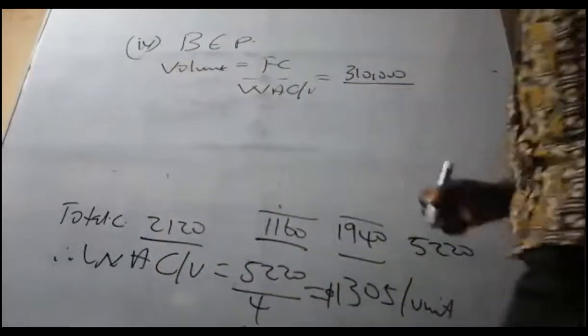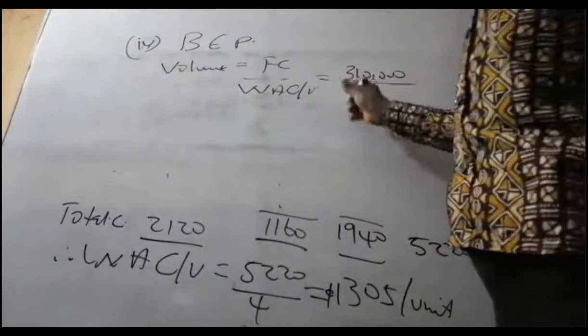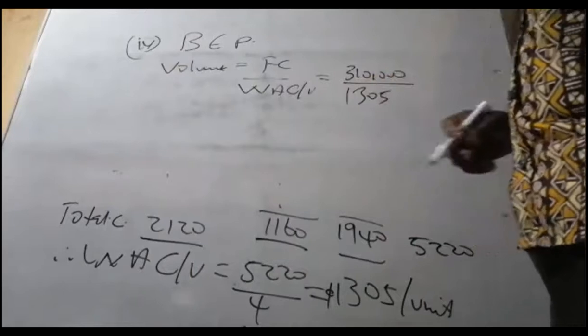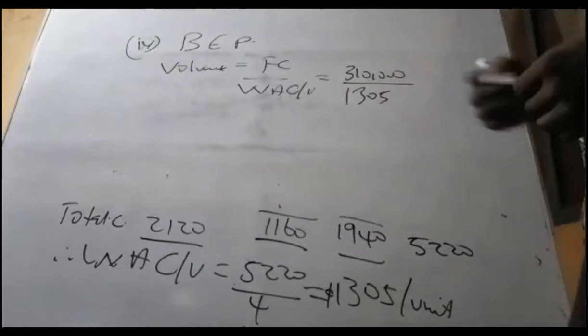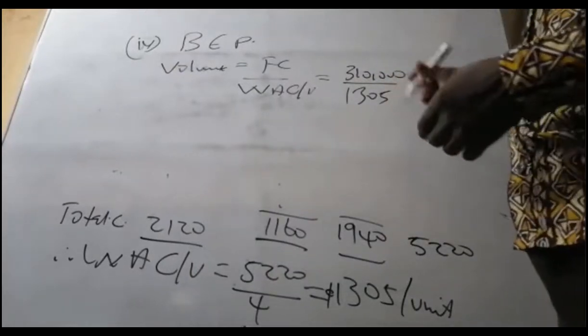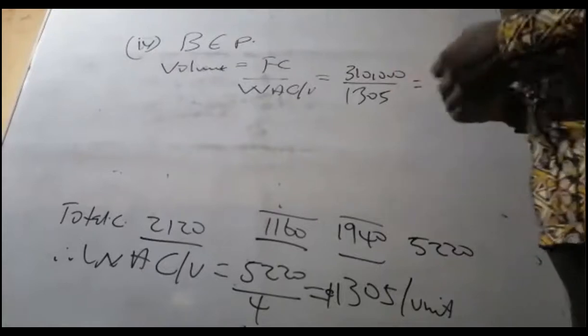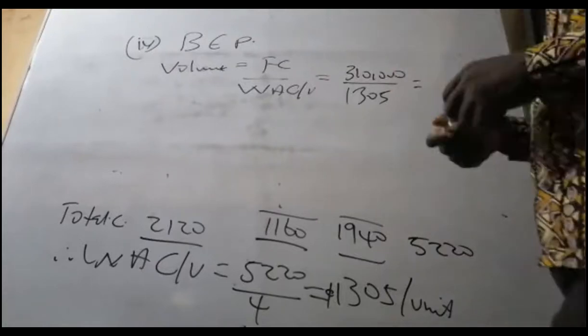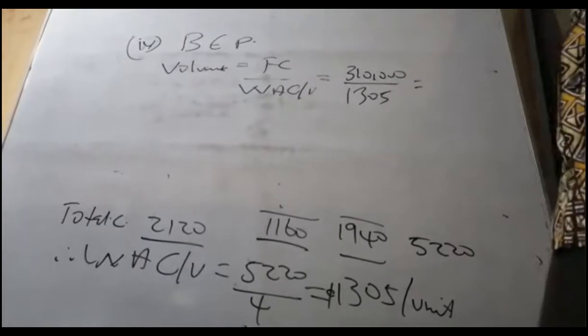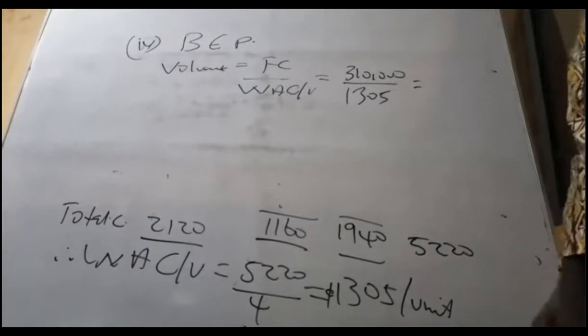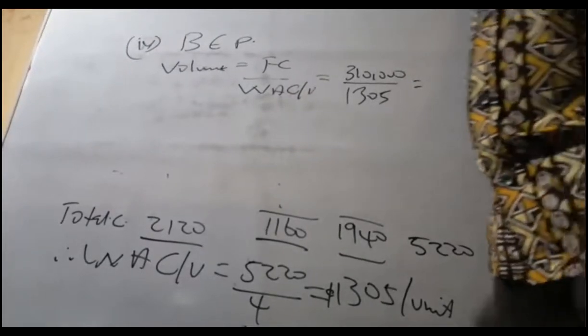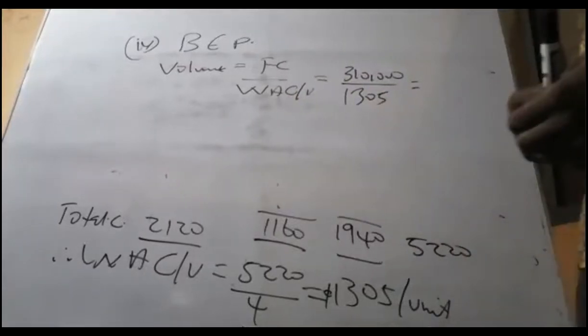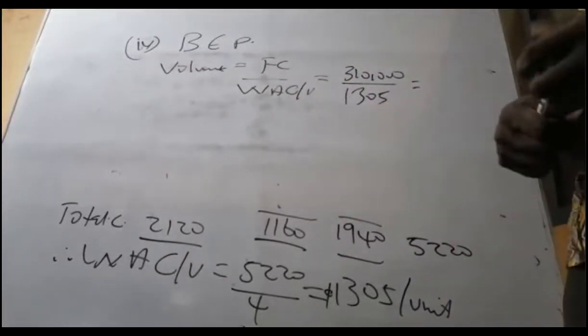So 310,000 over our weighted average contribution per unit, so 1305, and now give us the units.